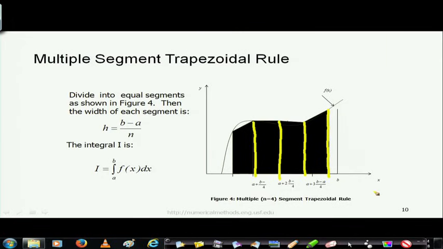So, the integral is this whole thing, which will be a sum of these trapezoids. Remember, each of these distances is the same. So, I am dividing b minus a by some particular value n, and that is my h. So, this is h, this is h, this is h; like that I am going for equidistant points and drawing the trapezoids from there.